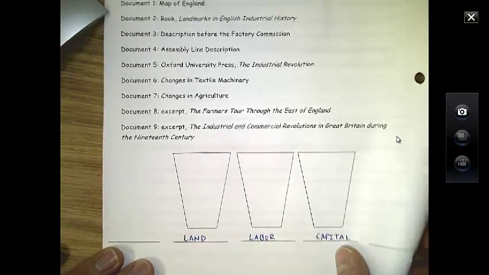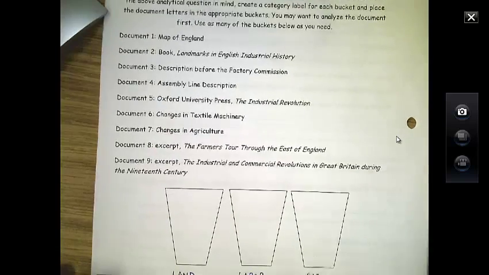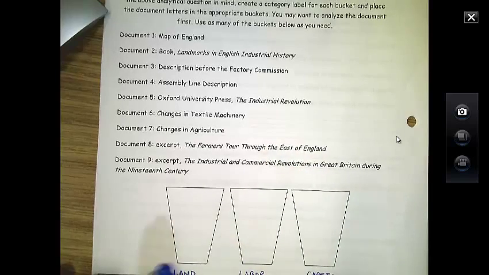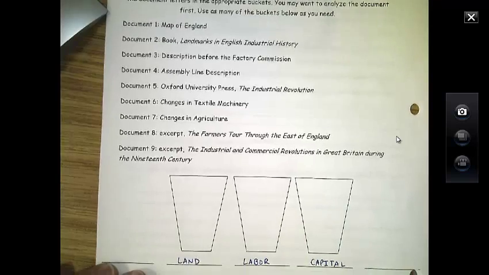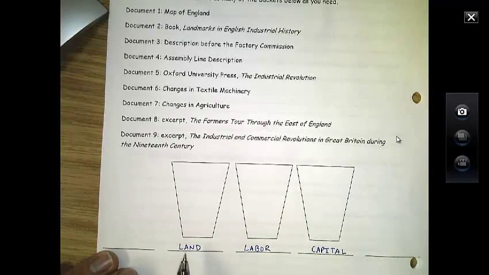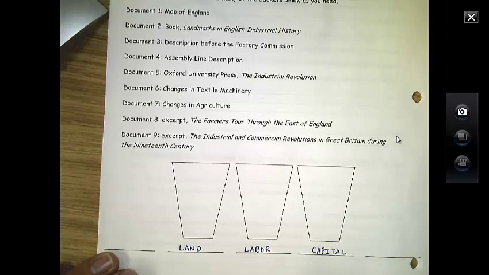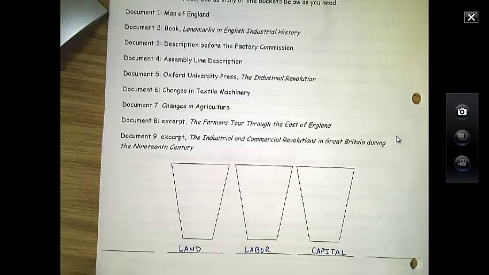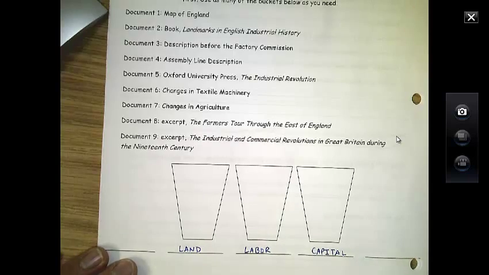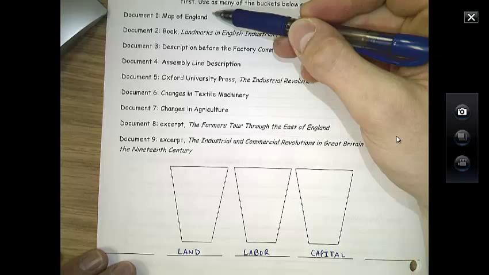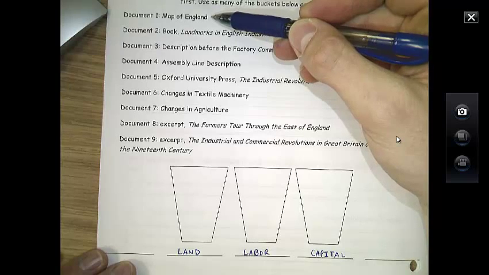If we look at our documents, the titles can kind of give it away, but we also might have to look back at the documents themselves to figure out where they go. Now remember, land was natural resources, and things that allowed England to industrialize in terms of raw materials. Document 1 was a map that showed raw materials.